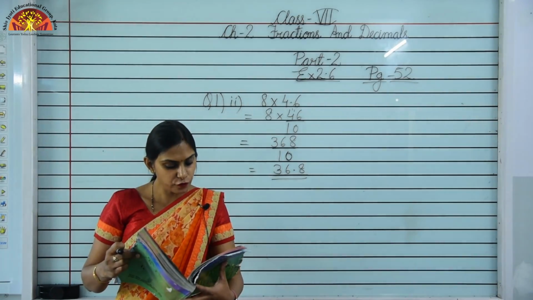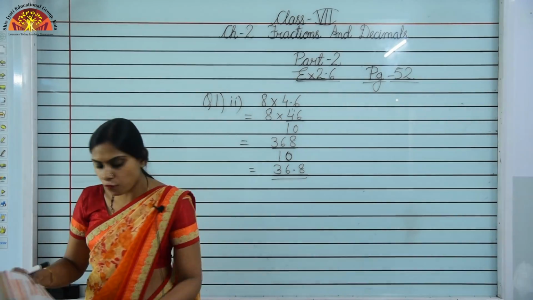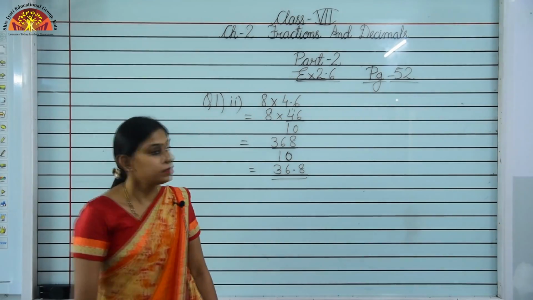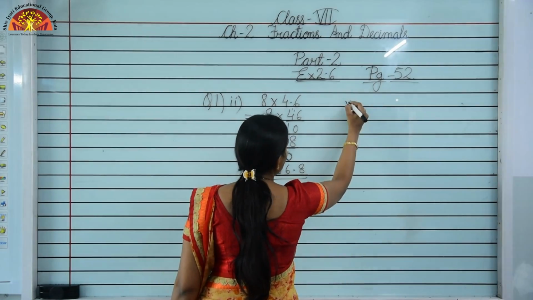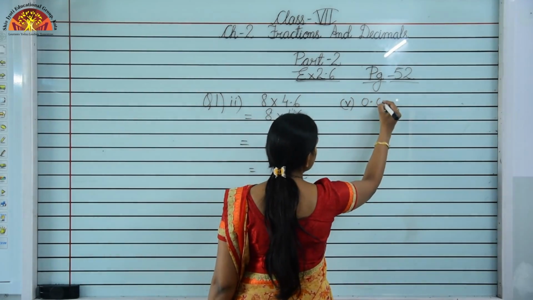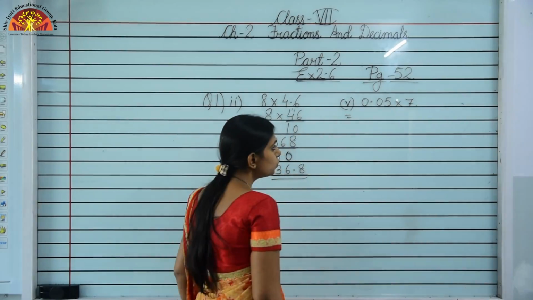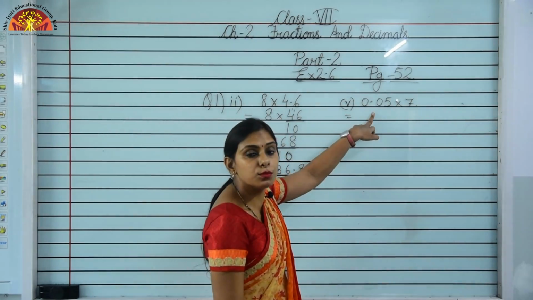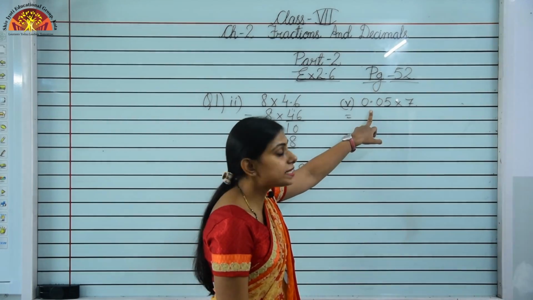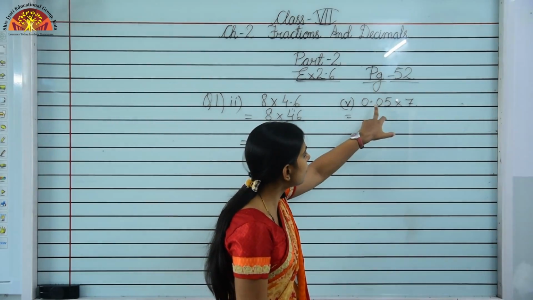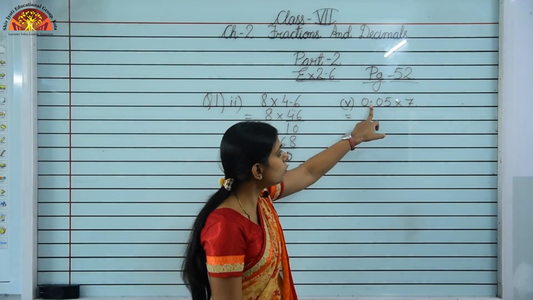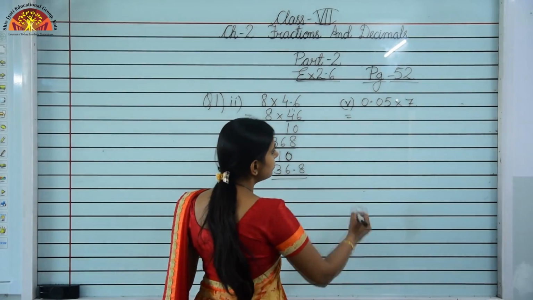Now its fifth part, that is 0.05 into 7. Now what to do? First of all, you will just remove this decimal. Now how to remove this decimal? You can see that the decimal is after two digits from the right, so it will become 100 in the denominator.